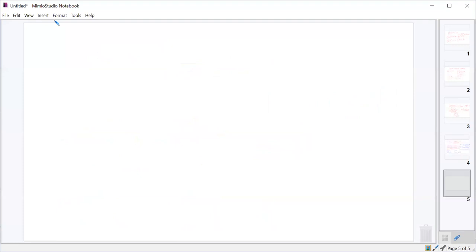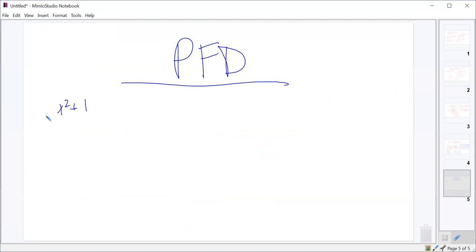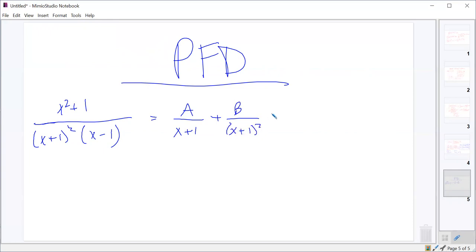Just to remind you how to set up your partial fraction decompositions, I'm going to make up some cases; we're not going to actually integrate these. If we had something like x squared plus 1 over x plus 1 squared times x minus 1, the partial fraction would be a over x plus 1 plus b over x plus 1 squared plus c over x minus 1.